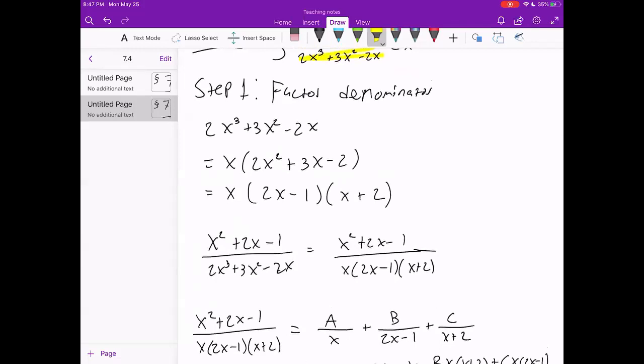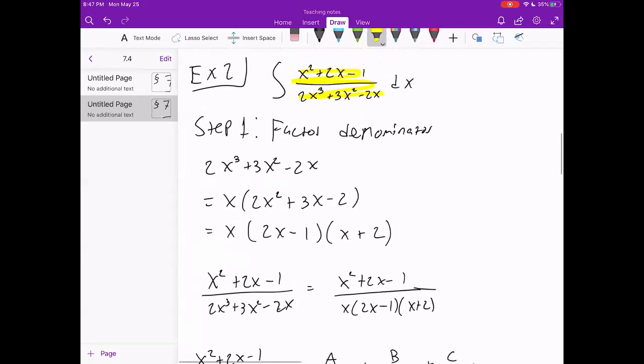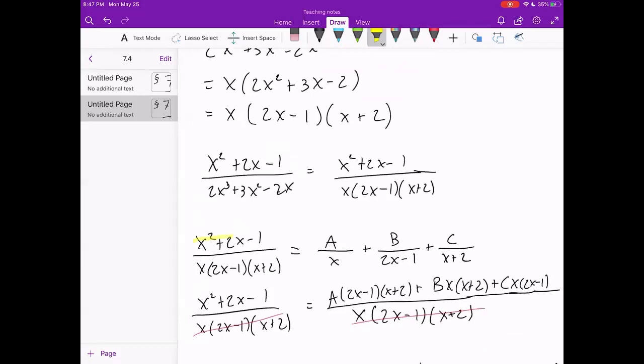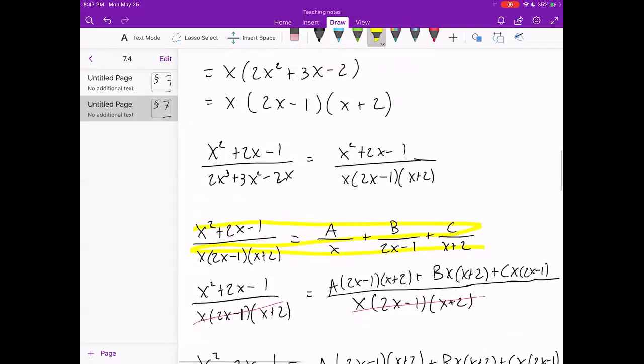At the very beginning of this entire section, I took two fractions, added them together, and then asked what that integral was, and then I could just split them up like that. Here, I'm given something that I don't know how to split up. The point was, I used algebra to figure out how to split that up. I now know that I have these a, b, and c values.